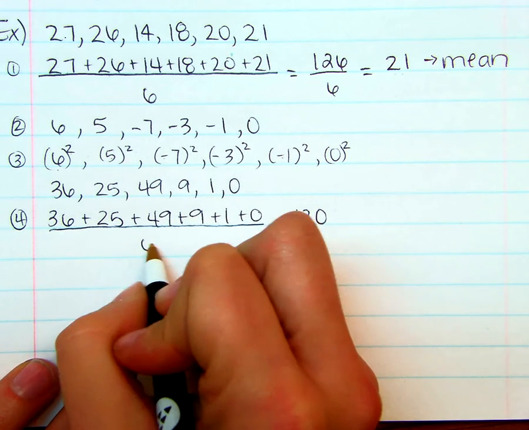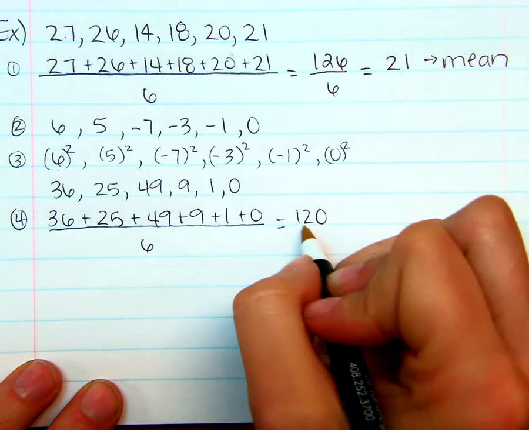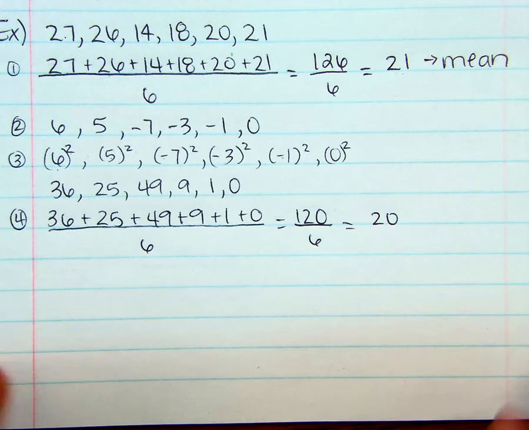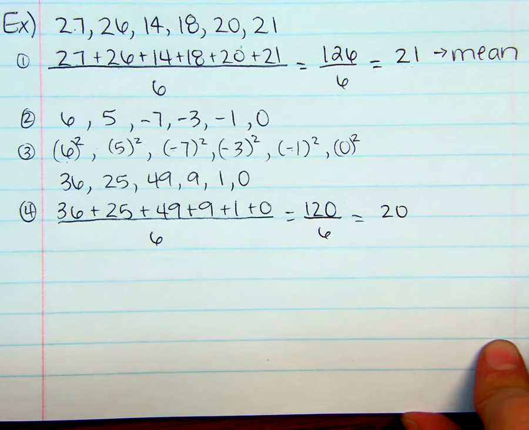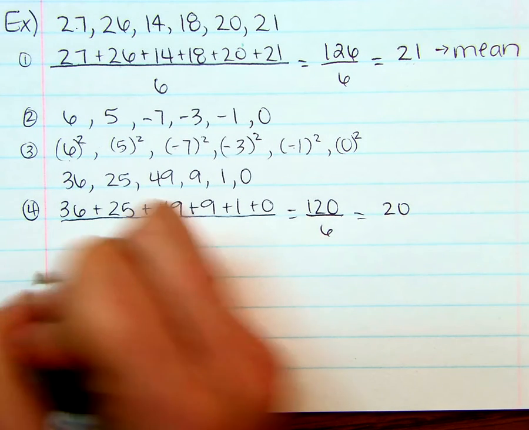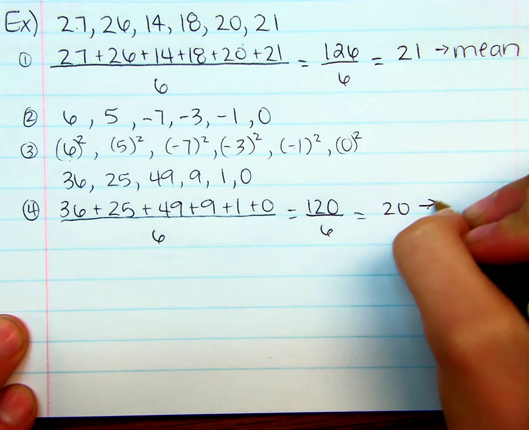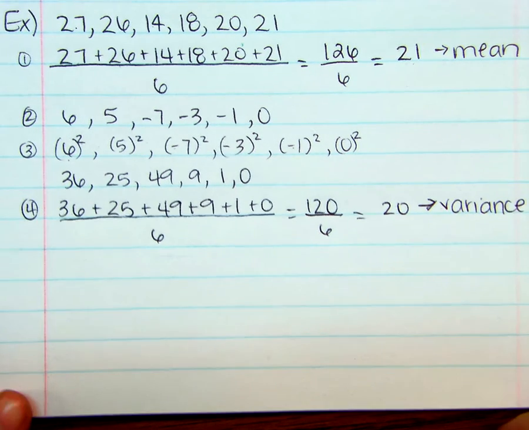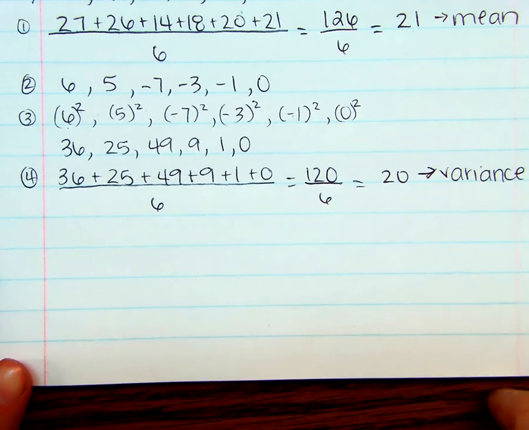We should still have the same number. So 120 divided by 6 is 20. So that's our variance. Now to find the standard deviation, and variance is the same as variability. It's just another way of saying it.